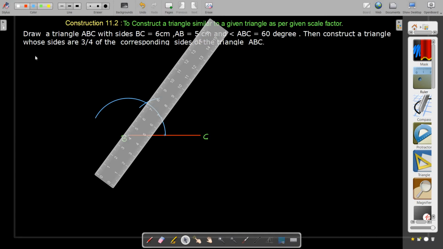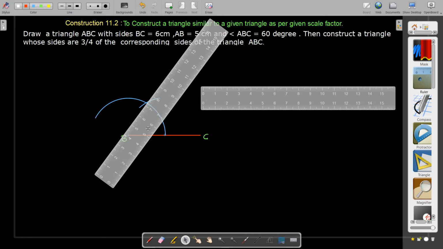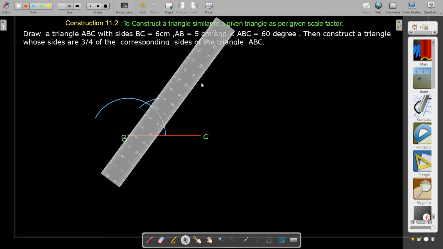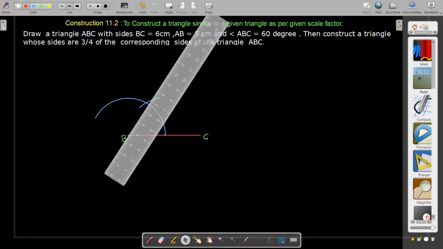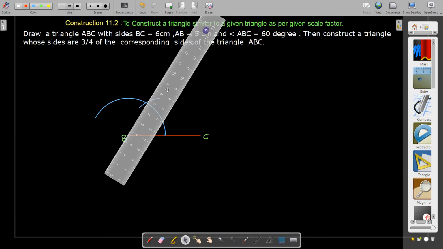So I joined this B to the point of intersection of arcs, but before that, the scale has to be placed properly at B and the point of intersection of these two arcs. Once it is placed properly, then we will join.